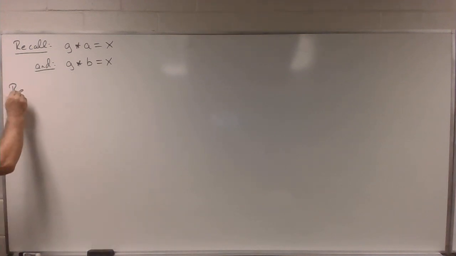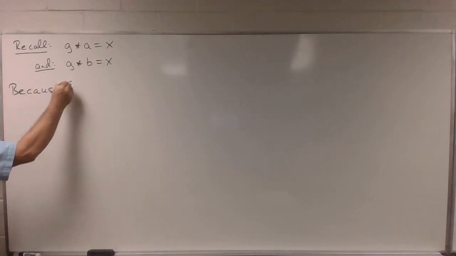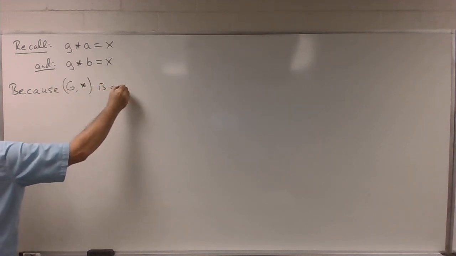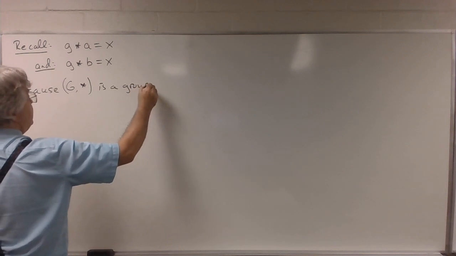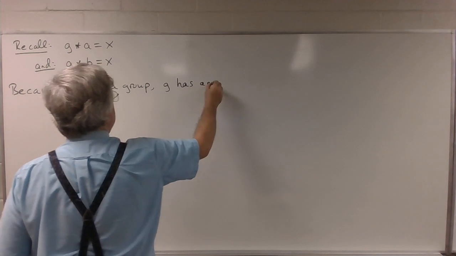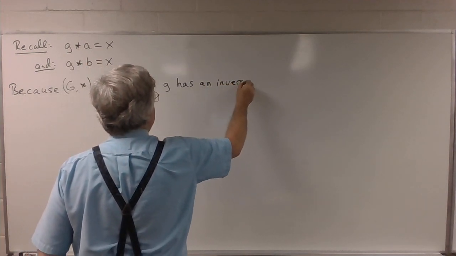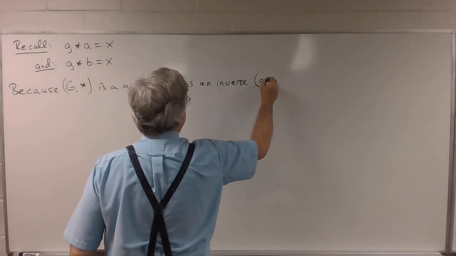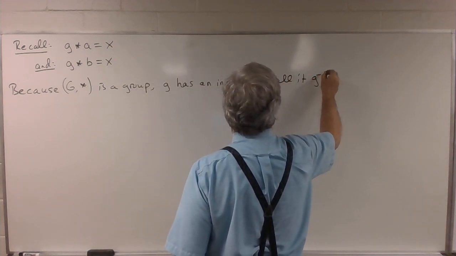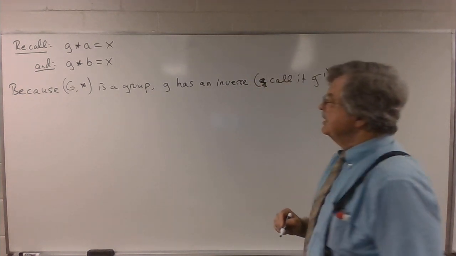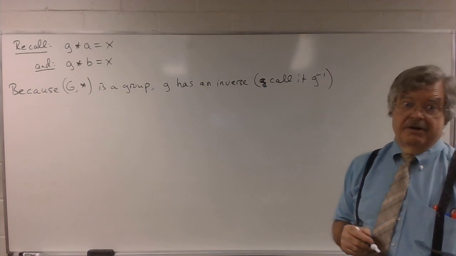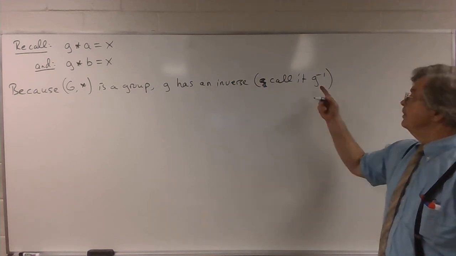So, because G is a group, the element G has an inverse. We'll denote it this way.